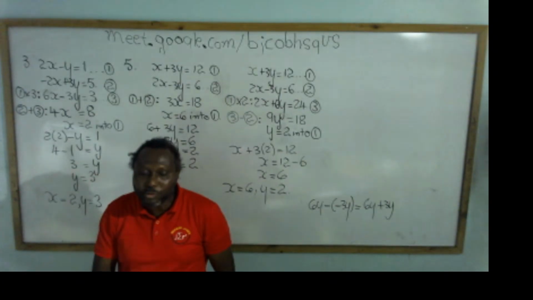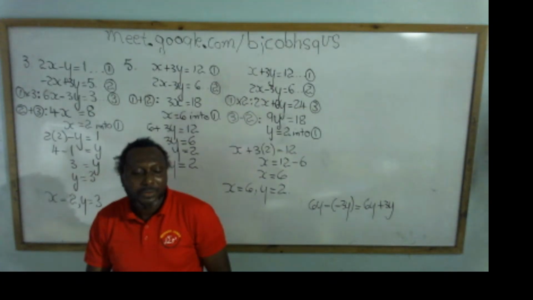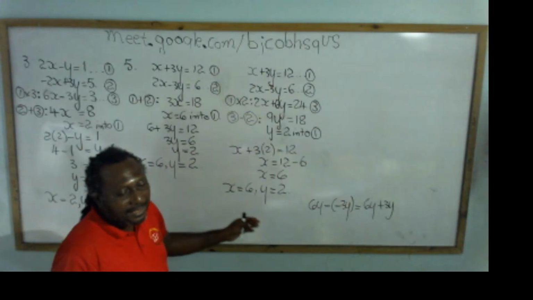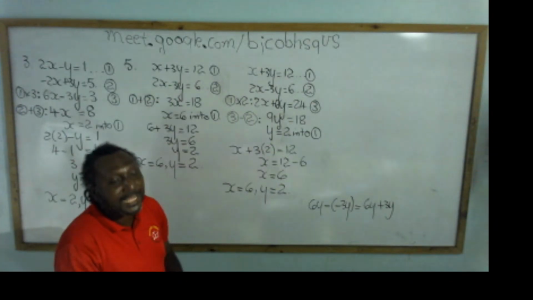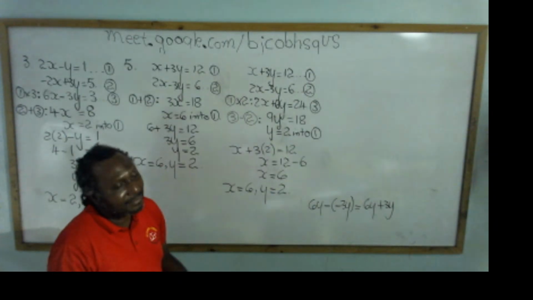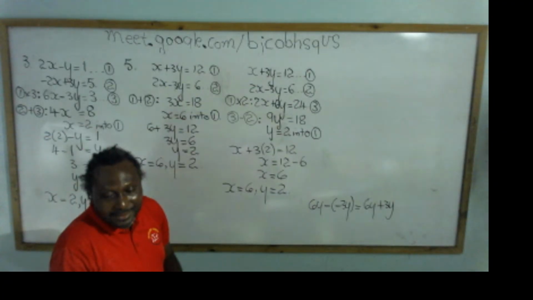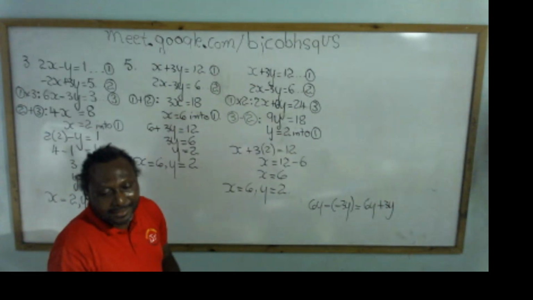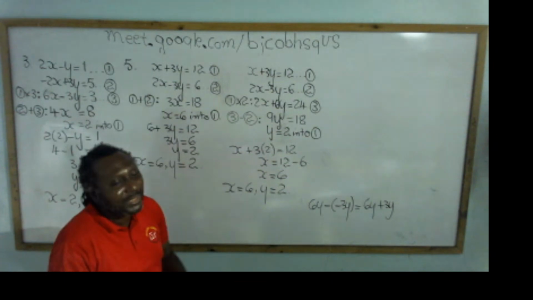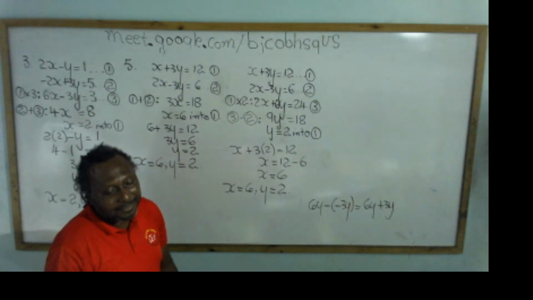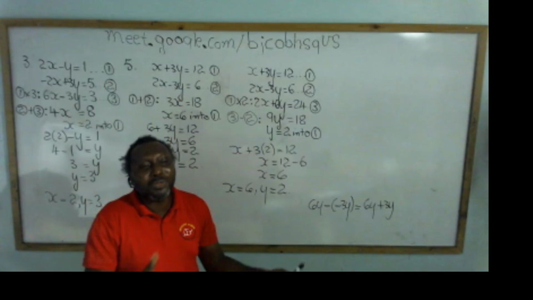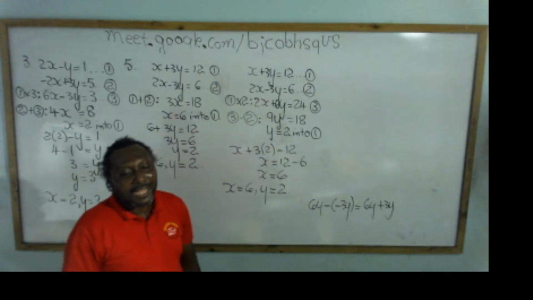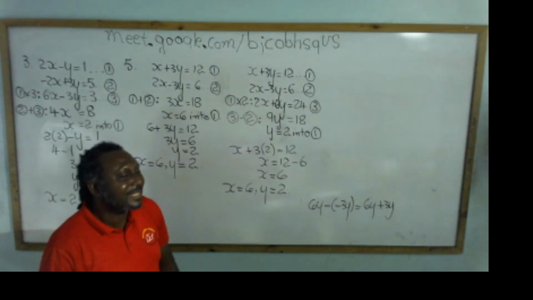I am sure that although when you come to this class, it is regulation, some students invariably eliminate the x's and don't eliminate the y's. Some students don't pay keen attention to additive inverses when they exist to use them. Some students do not know that we can multiply only one of the equations if necessary. And sometimes you don't have to multiply any of the equations.